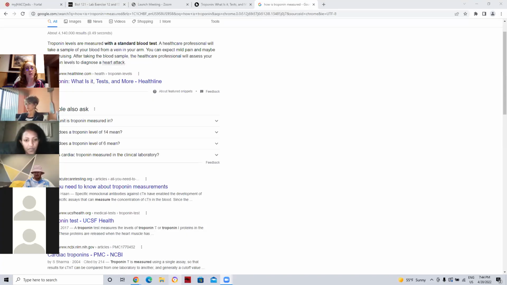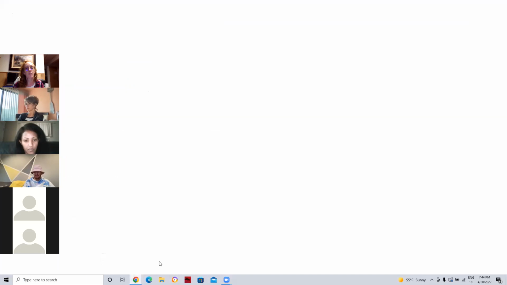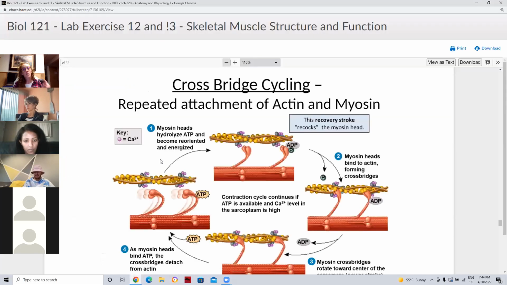Let's see if I can get what I had on this. Okay, so cross-bridge cycling involves the hydrolysis of ATP. Remember that the myosin heads are going to hydrolyze ATP and get energized when they do.